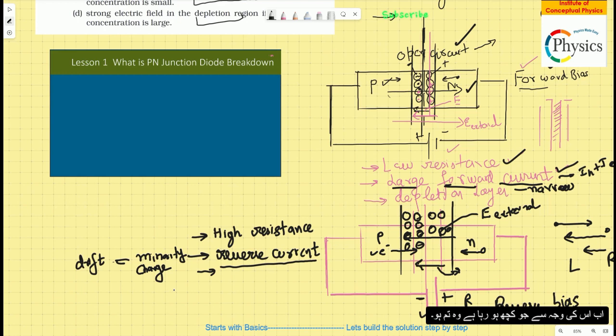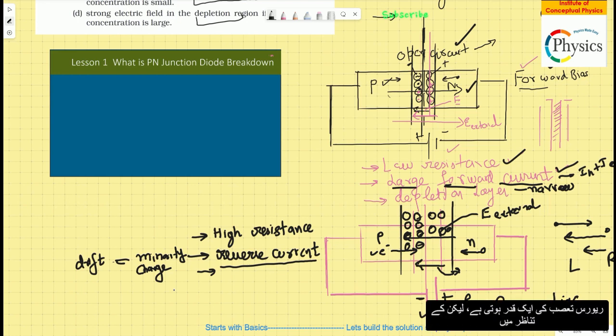Now, because of this, you definitely have a reverse biased PN junction diode, but it's serving no purpose, right? At the moment, the reverse bias has a value, but in the context of the question we're talking about, we're not able to link the question with what I have taught you so far.